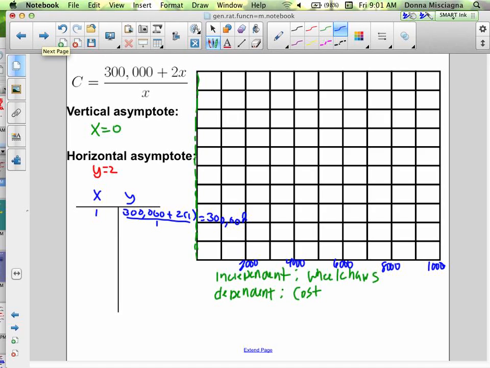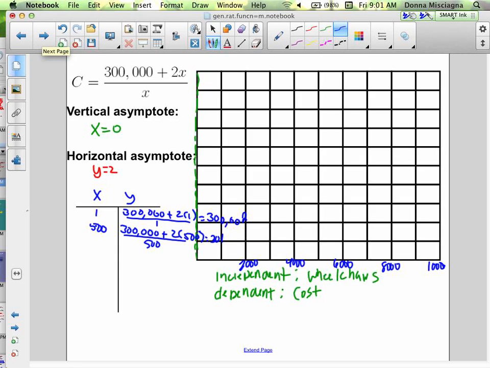So we'll make now 100. Or actually, let's make 500. I can graph that pretty easy. So now we have 300,000 plus 2 times 500 divided by 500. All right, so this will be 1,000 here, so it would be 301,000 divided by 500.